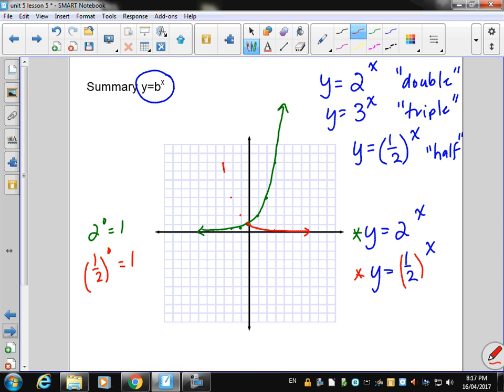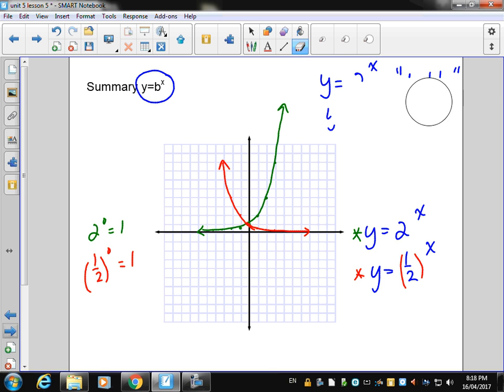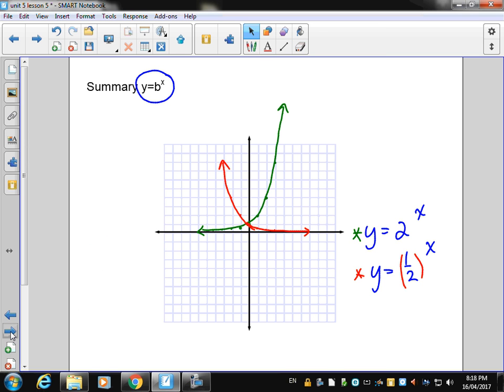So if you have a fractional power, it is a decreasing function. If you have a number larger than 1 as your base, it's an increasing function. And we call that exponential decay and exponential growth. Let me just tidy a few things up and we'll just write a little summary. So, unless I start doing some weird stuff, they all have a y-intercept of 1.